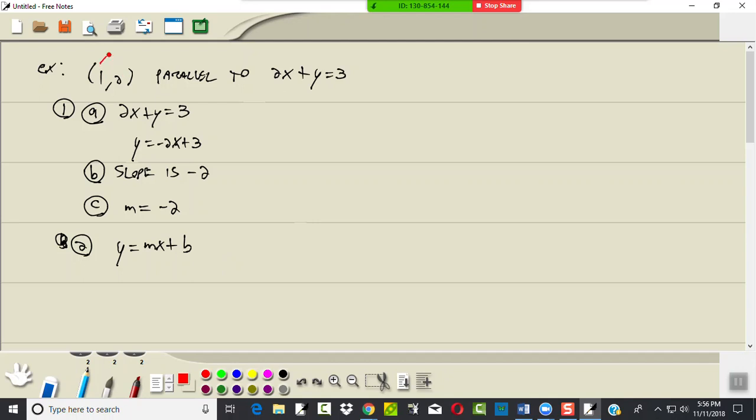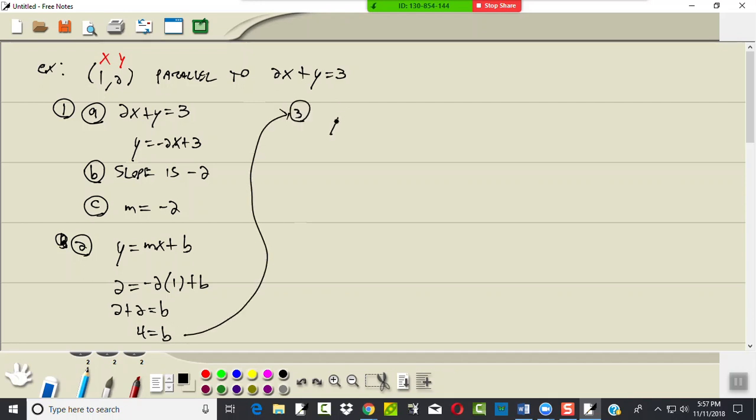We're given a point, so this is our x, this is our y. So plug 2 in for y. m we just said was negative 2, and x is 1, plus b. Then we want to solve for b. Negative 2 times 1 is negative 2, and I'll take it to the left side, becomes a positive 2. And we get b is equal to 4.